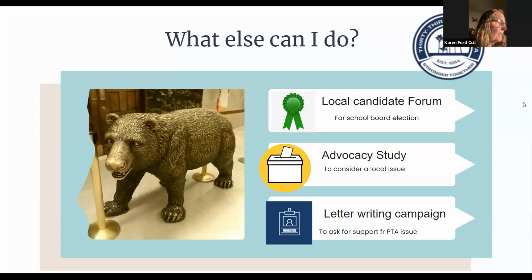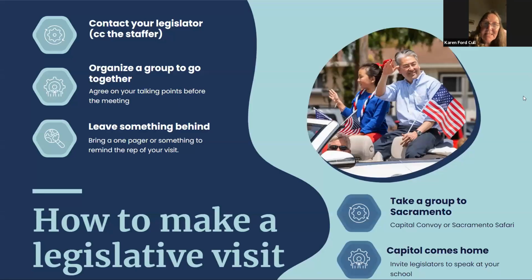Okay, so next, making a legislative visit is the next slide. Contact your legislator and CC the staffer if you can find out who that is. Ask around and try and find out who does their calendar. That is the most important information that you can get, and be very, very nice to those people.